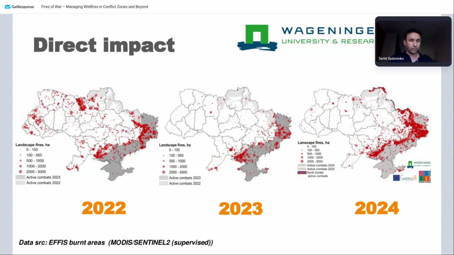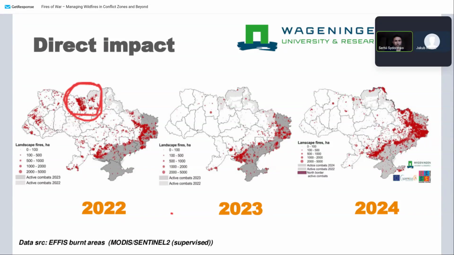So if we look at the distribution of landscape fires in those pictures, we can clearly see that the fires are located in the zones where the most intensive combats take place.